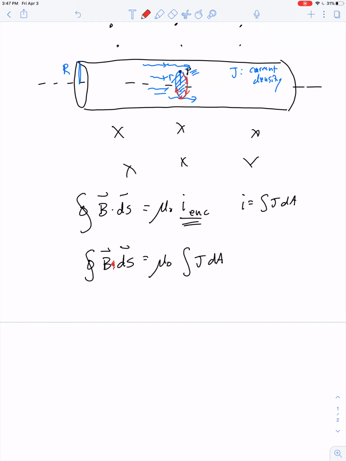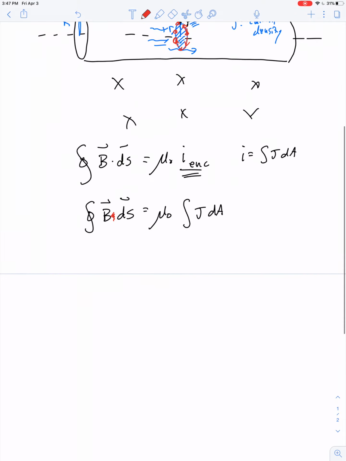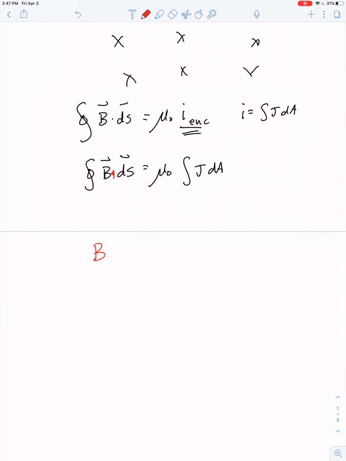And I think the magnetic field at this point is just as strong as it is here or here or here. So the B comes out of the integral sign, and we have B times the integral of ds is equal to mu naught. Now if the current density is uniform, then I can pull it out of the integral sign. So we get mu naught times J times the integral of dA.